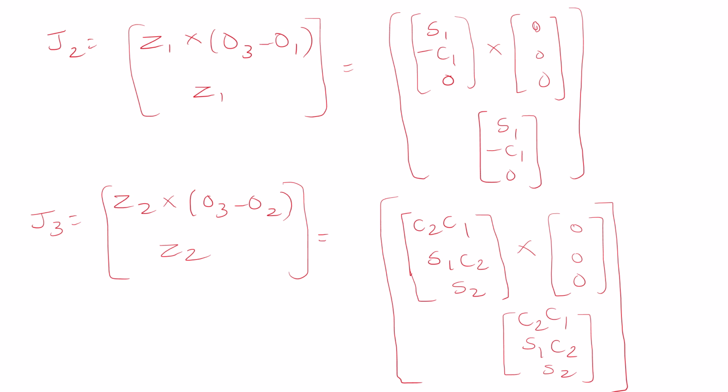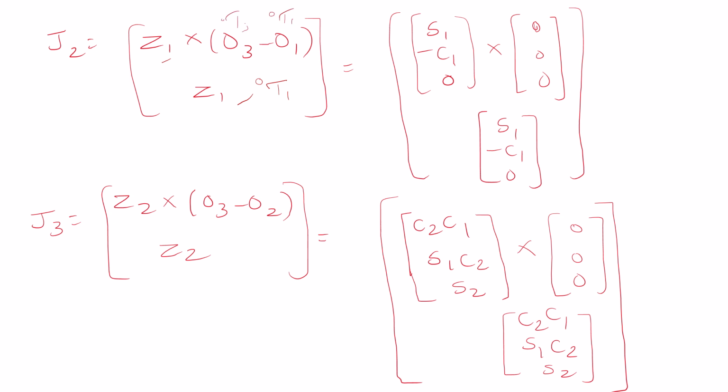The same way you have to get J2. For J2, the linear part is the cross product of Z1 and O3 minus O1, and the angular Jacobian is simply Z1. From the transformation matrix T1 to 0, you will get the Z1 values, and you take the positional vectors of T1 to 0 and T3 to 0.